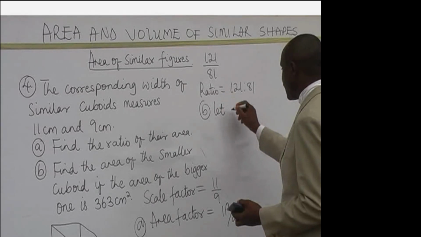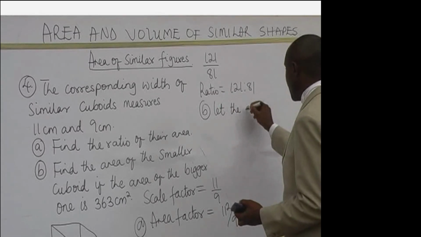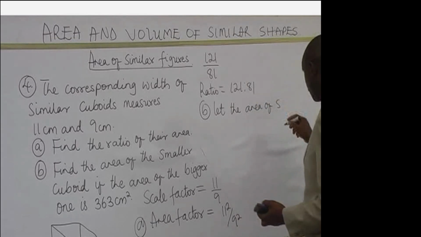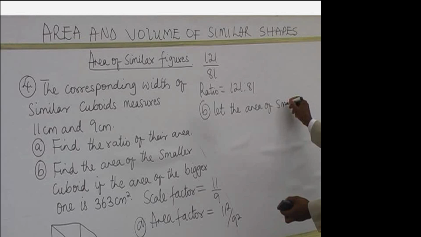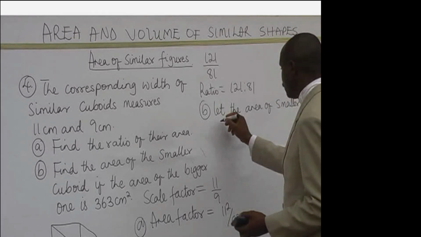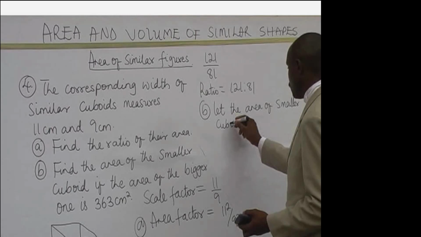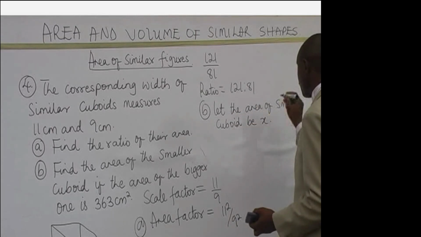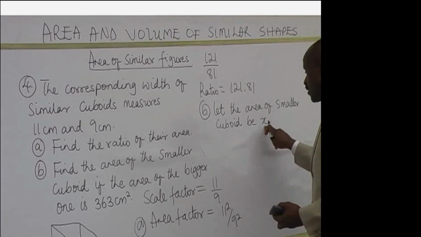That's how you start. Let the area of the smaller cuboid be represented with X.